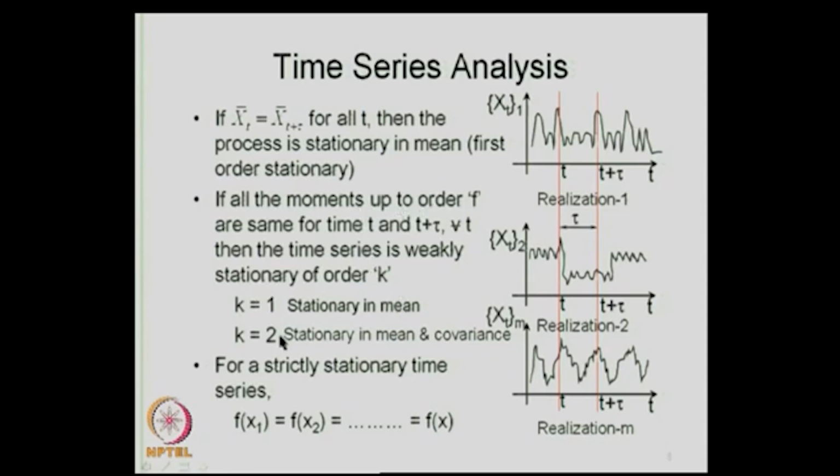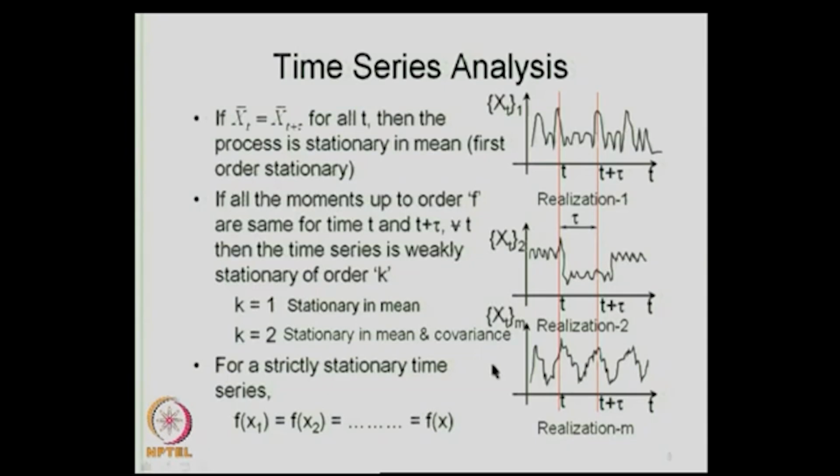Similarly, for k is equal to 2, we will be dealing with moments up to the order of 2, which means the mean should be the same and the covariance should be the same. So, k is equal to 2 refers to stationarity in mean and covariance both together.